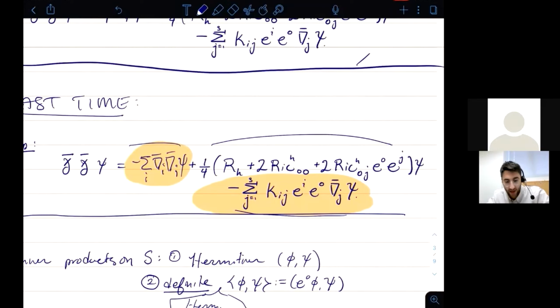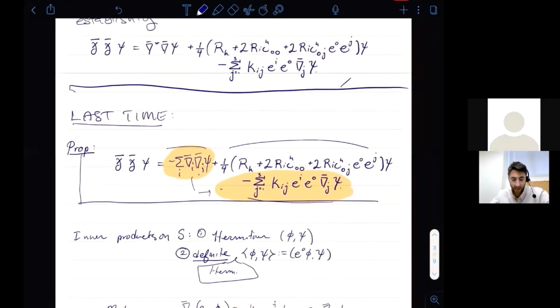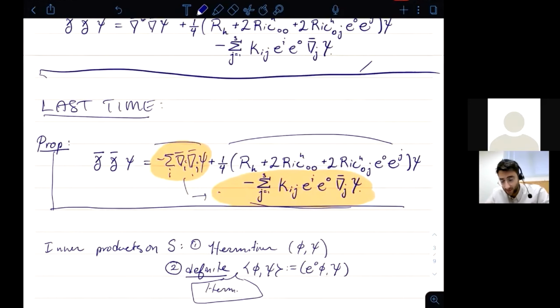And actually, the inner product that we're going to be interested in has the property that the sum of these two things that I've highlighted in orange together will be nabla star nabla for our nabla bar. But okay, so let's talk about the connection. Or sorry, the inner products.